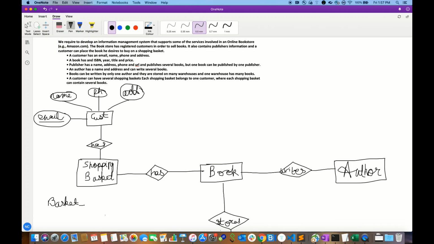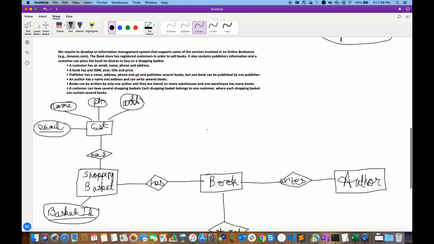Basket underscore ID. Every basket ID will be different for every basket, and it can be considered as an attribute of the basket. Now moving towards the book, I think I have missed one entity as well.